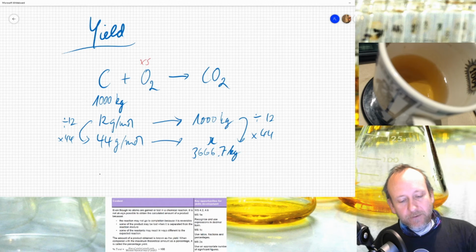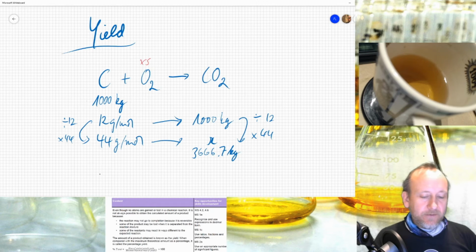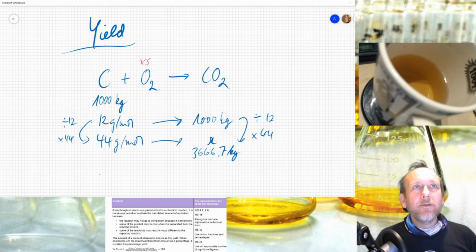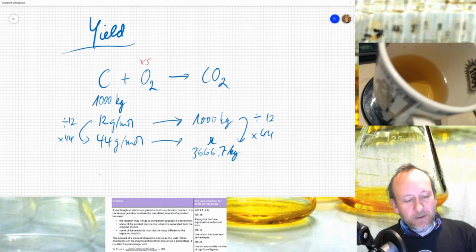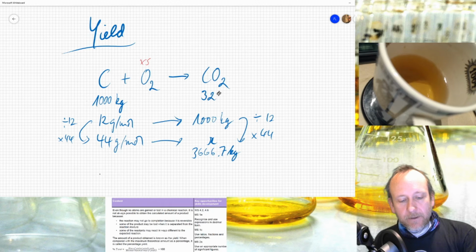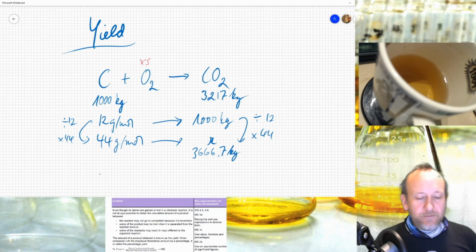So 1,000 times 4 is 4,000 and 3,666.7 is not a million miles away, it's about the correct number. Okay, so I would expect out of 1,000 kilograms to get 3,666.7 kilograms.